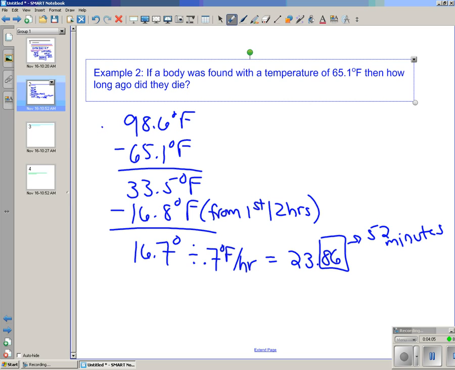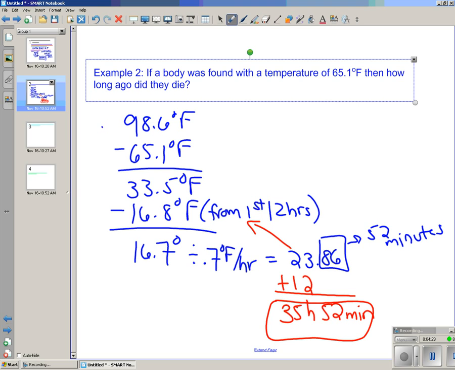Well, that gives us an answer of 23 hours and 52 minutes, but we have to remember that we have the first 12 hours calculated. So we're going to add those 12 hours back on here. So now we have a total of 35 hours and 52 minutes is how long ago this person died.